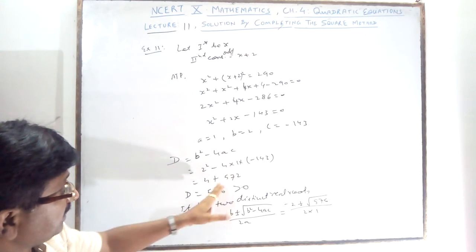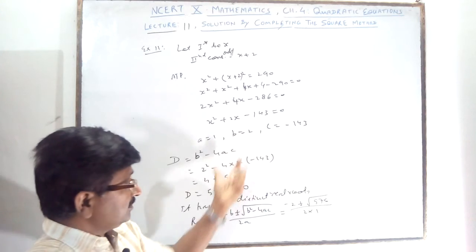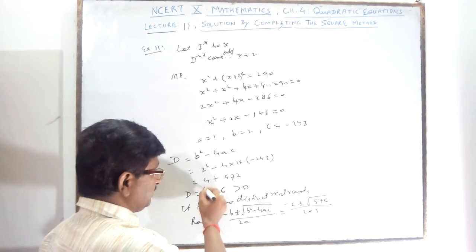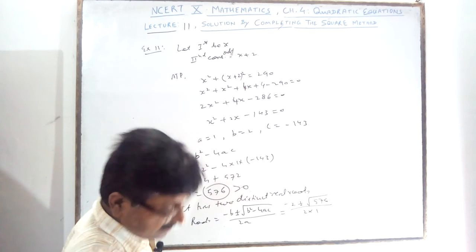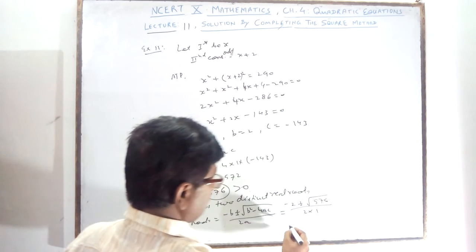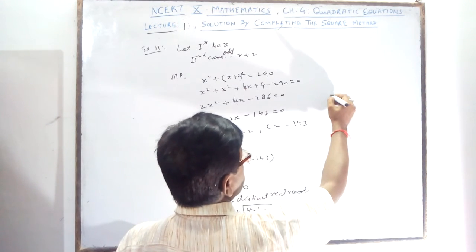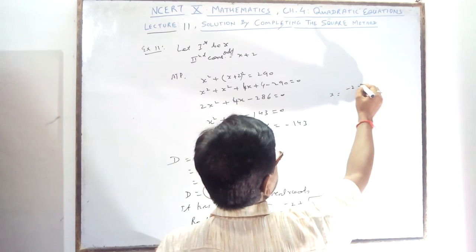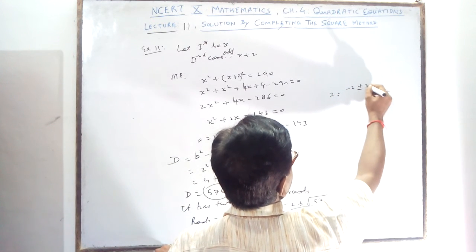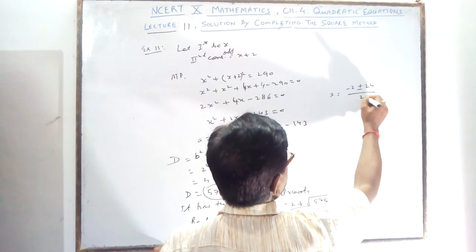Don't put the value again, you have already calculated it here. 24 square is 576. So therefore x is equal to minus 2 plus minus 24 by 2.